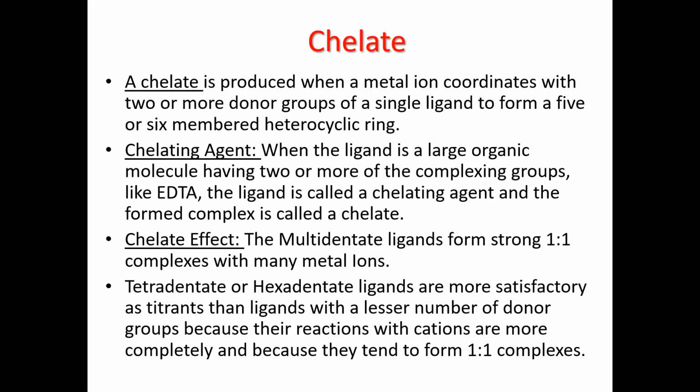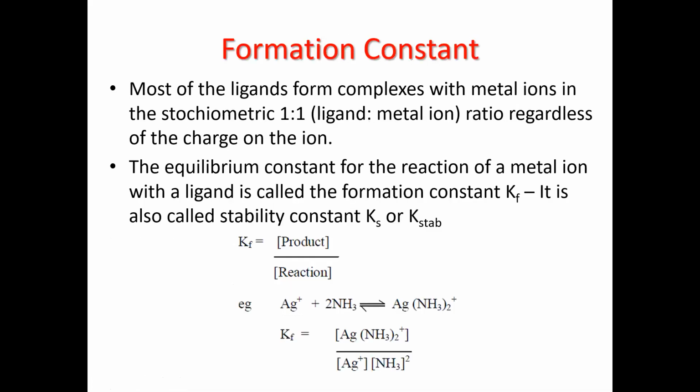And looking at this chelate, we said that it should form a 5 or 6 membered heterocyclic ring. And the most suitable ligands that will fall into this category are the tetradentate or the hexadentate ligands, because they can form 1-to-1 complexes when the cations react with the ligands.